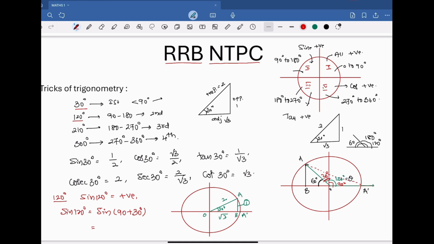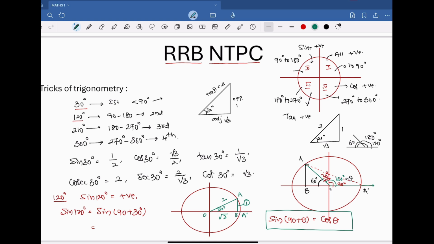Whenever the angle changes from 90 and above, from the first quadrant to the second quadrant, there is a rule called sin 90 plus theta, where theta is again less than 90 degrees, is equal to cos theta. Please remember this. Sin 90 plus theta is equal to cos theta.